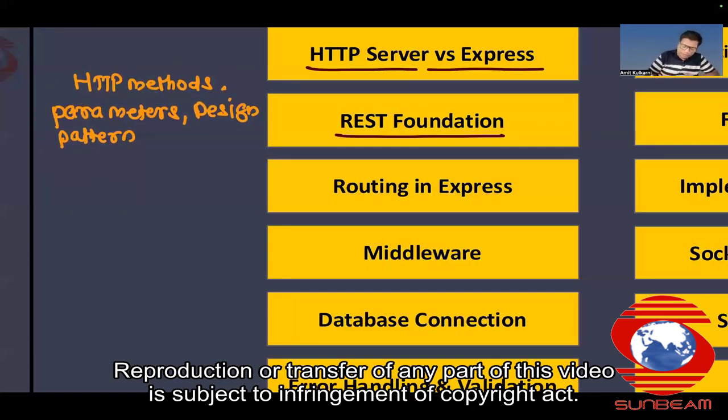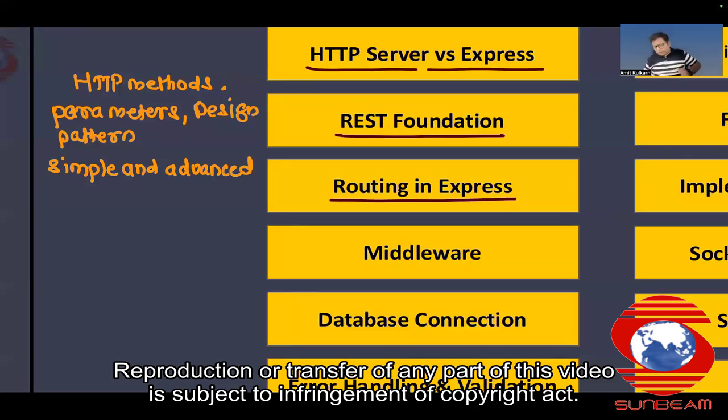Once we understand REST, we'll start looking at the core topic of Express.js, which is called routing. Everything happens in Express using routing. Now, under routing, there are two things. One is simply called routing, and another one is called advanced routing. Advanced routing means the routing which will accept parameters, or the routing which will be done dynamically.